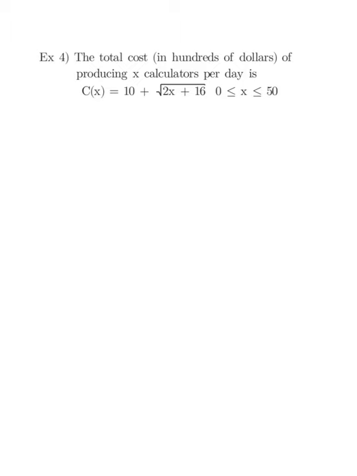Remember that x was how many calculators? When they say x is between 0 and 50, that's telling you that this function only works for those numbers between 0 and 50. If you were making more than 50 calculators, the function would be different.